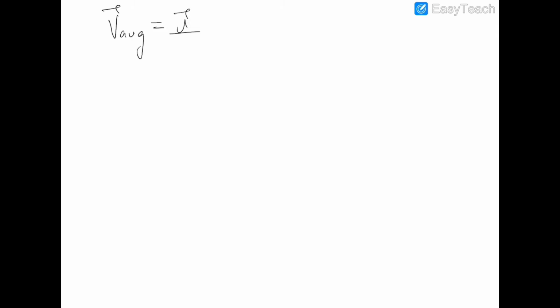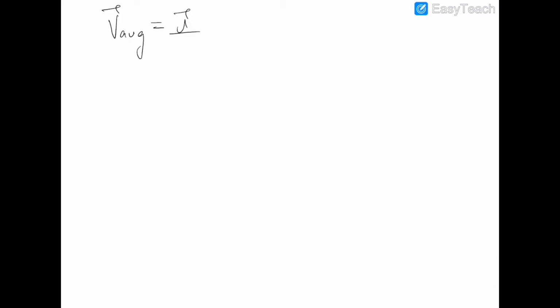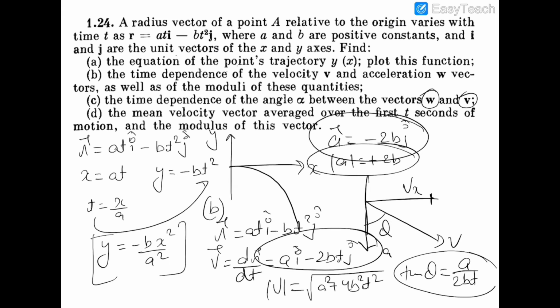So we know that at t is equal to 0, position vector was 0, obviously, and at time t it is this one. So this average velocity would be r by t, and hence it would be a i cap minus bt j cap.